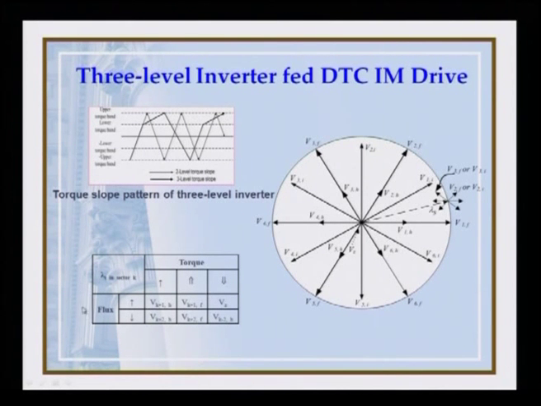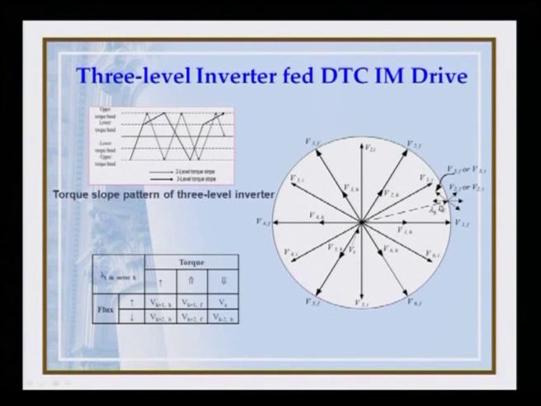So, if we see it in the form of a table, what we have drawn here is lambda s in sector K. We have so many sectors in this case. This is basically the first sector, sector 1, sector 2, 3, 4, 5 and 6.